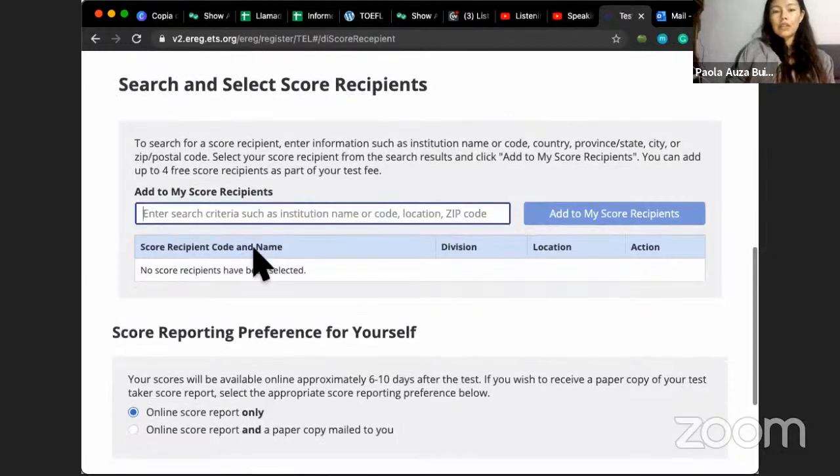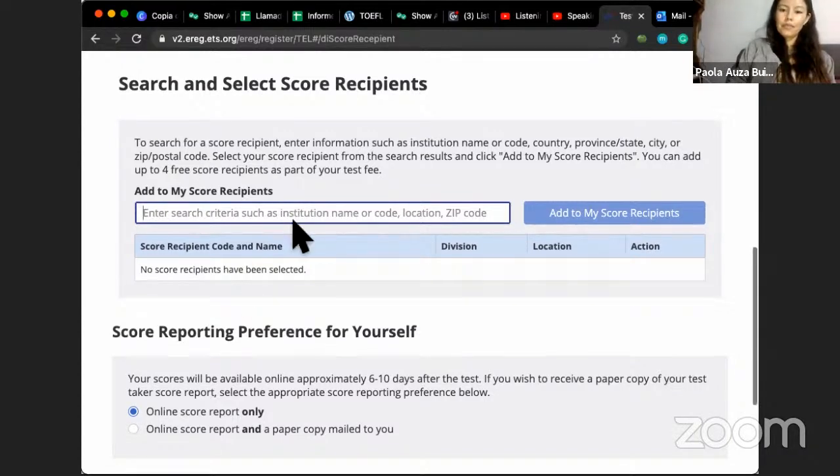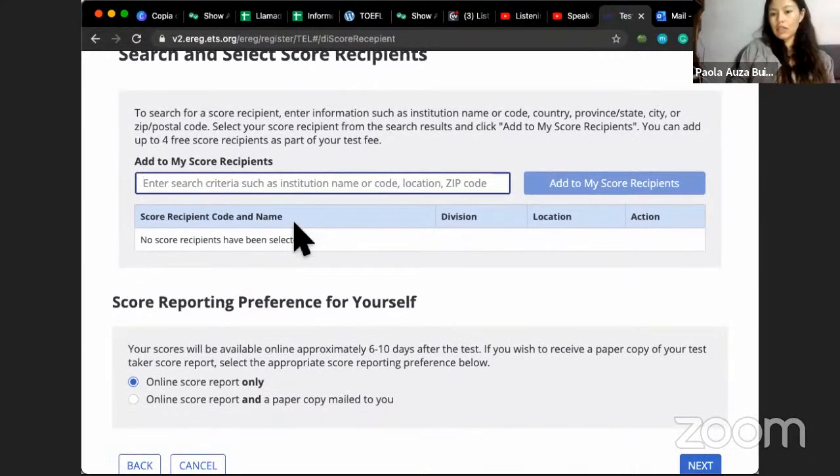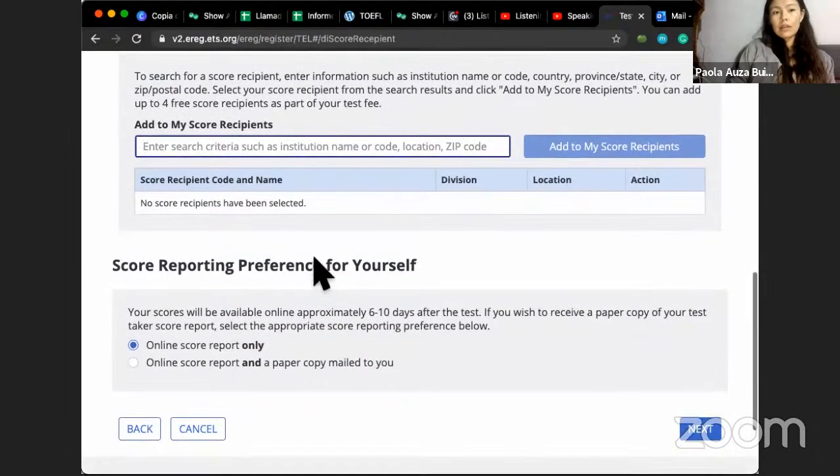Se recomienda que lo manden, pero tomen en cuenta que si no llegan a cumplir el score que se les pide, vean cómo podría reaccionar la universidad. Pero también tomen en cuenta que si no ponen aquí, tal vez sí cumplieron el score que se les pedía, van a tener que pagar extra. Y eso depende un poquito también de la seguridad que ustedes tienen al momento de tomar el test.